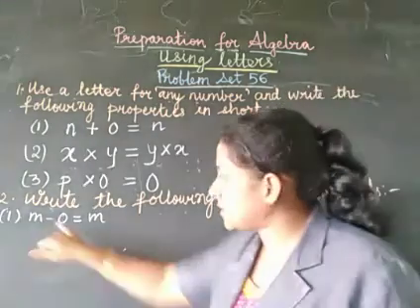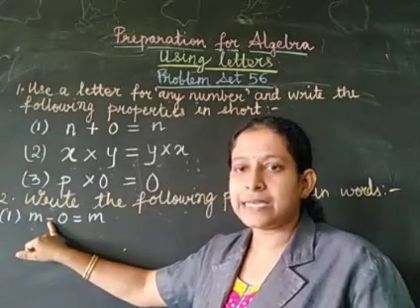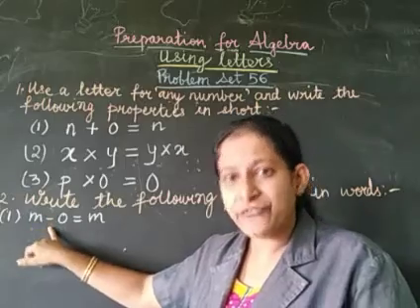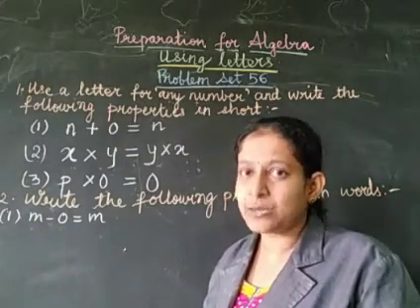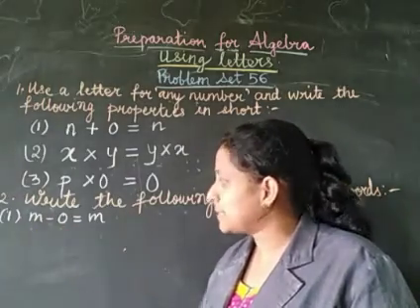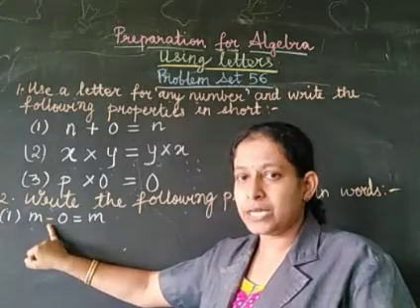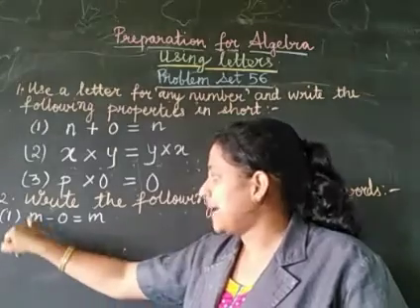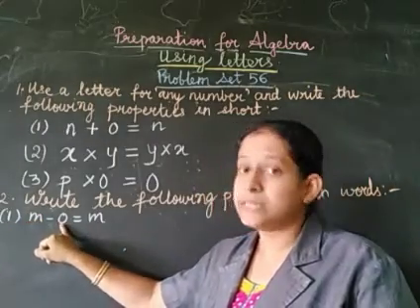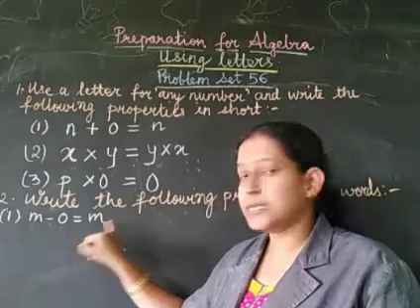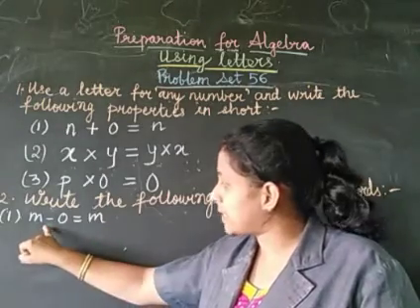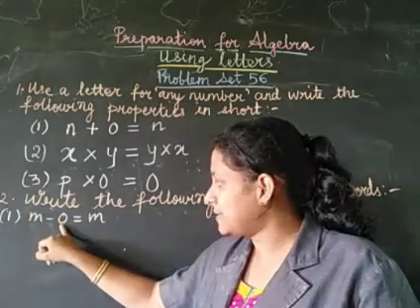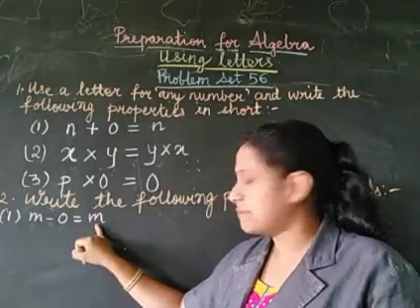Now here, if you see, there is a minus sign, and minus means difference. So how can we write this in words? We can write this as, the difference between any number and 0 is the number itself. I repeat, the difference between any number and 0 is the number itself.